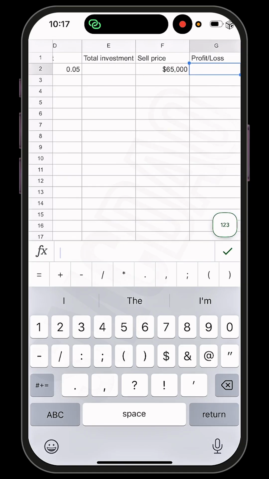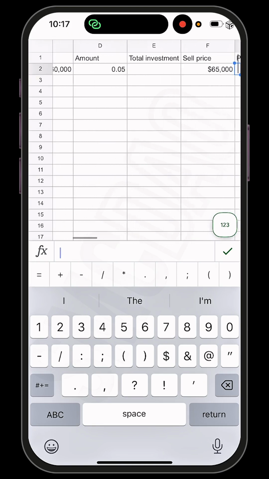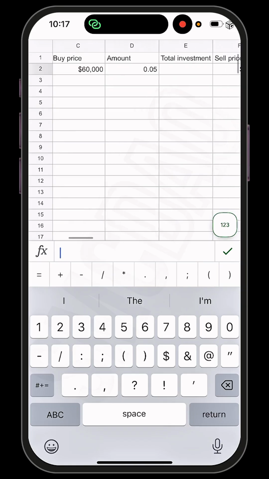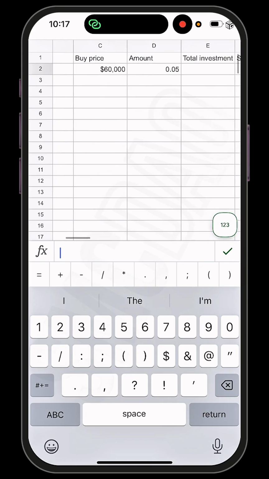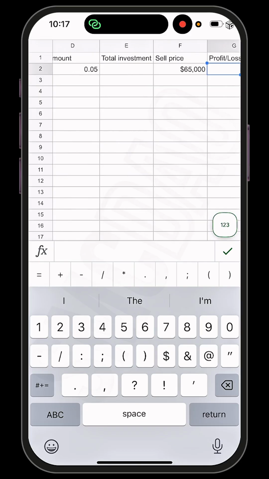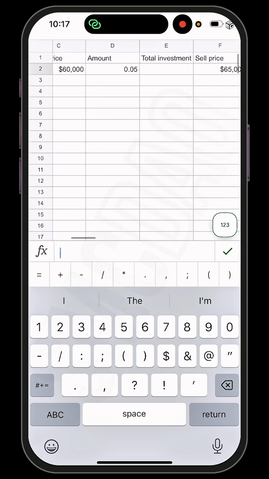So it is literally F2 minus C2, divided by C2, times 100. That will give you your profit in percentage. So again, F2 minus C2 divided by C2 times 100.